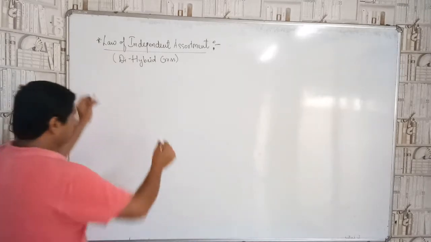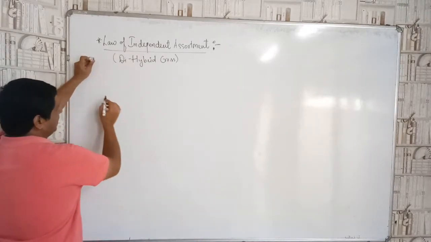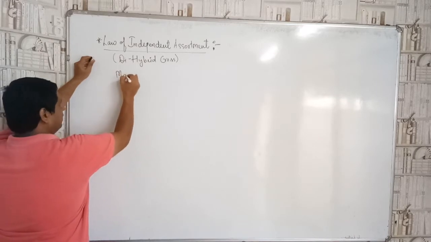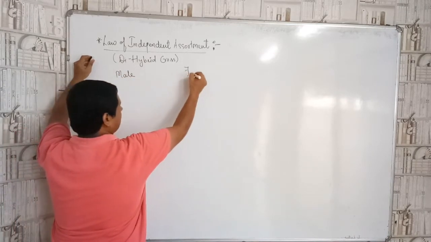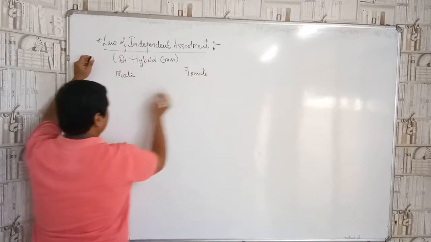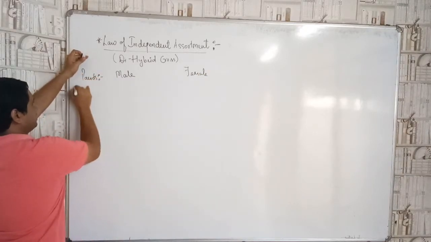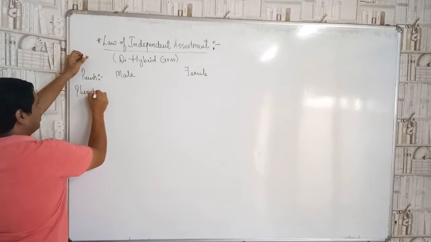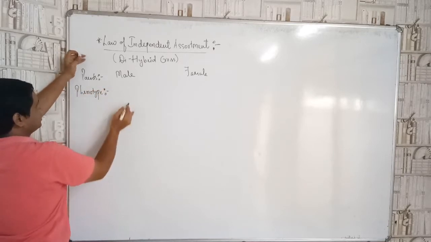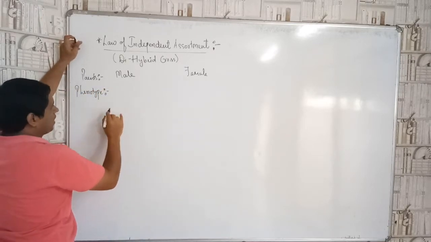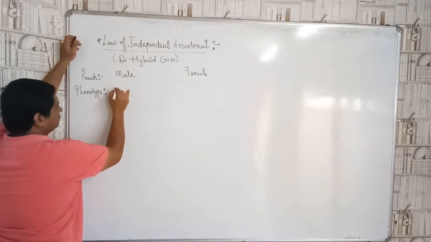Now let us talk about a male character and the female character, that is the parents. These parents have a phenotype. That is the male, okay, has what, children?